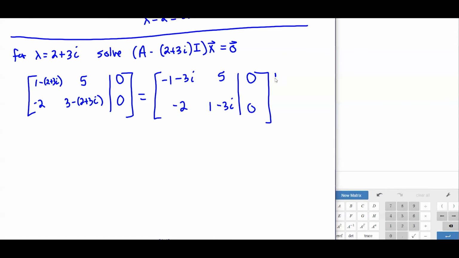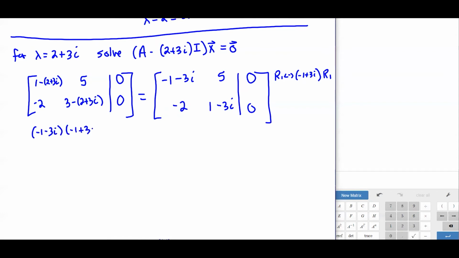So I'm going to replace row 1 with -1 plus 3i times row 1, and the plus 3i makes it the conjugate. All right, so let me just do this multiplication here separate.